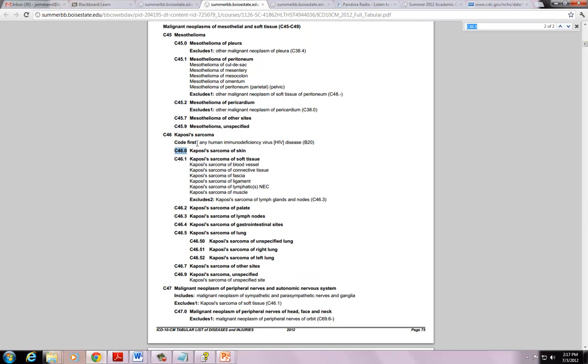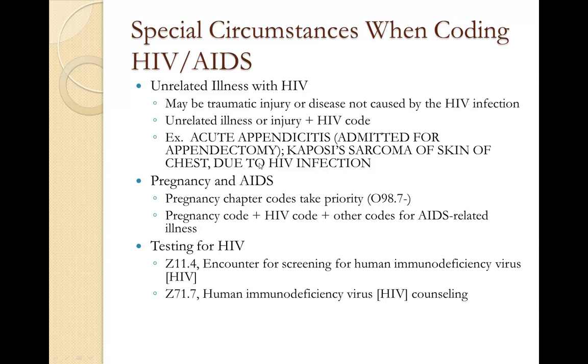And here we have Kaposi sarcoma of skin. Notice under the category, code first any HIV disease, the B20. Okay? So we've got the C46.0, and then due to the HIV infection.